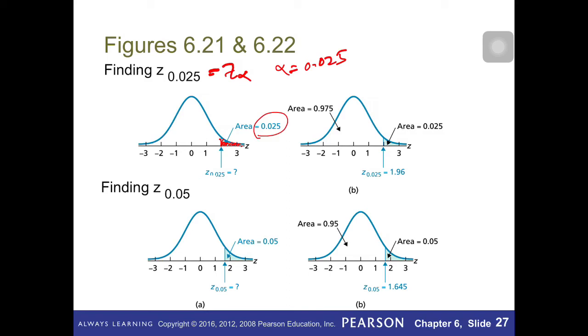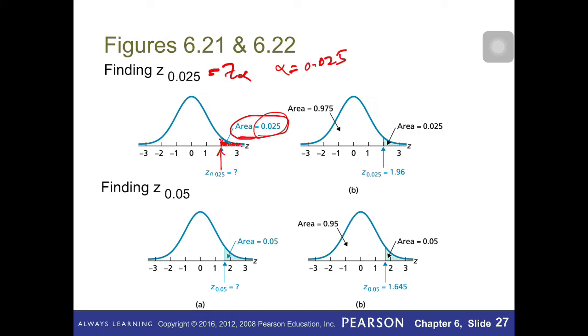So if you have something like find z alpha, you have to find the z-score value, which means this one. You have to figure out what the z-score is. Go to the body of the table and find the particular value. Then go to the row value and the column value. That's the z-score value, as I mentioned in the last slide. When you figure it out, this area is 0.025.